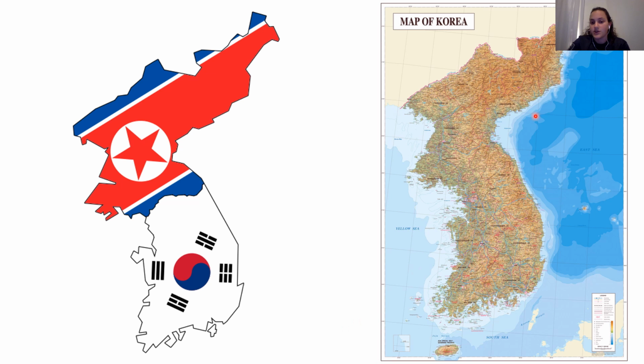So if you're in North Korea, you see the entire peninsula as North Korean, and in South Korea, the entire peninsula as South Korean. And along with that, there is an interesting fact: it's extremely dangerous for you to go into North Korea because the North Korean government will see you as a North Korean citizen and they won't let you leave.